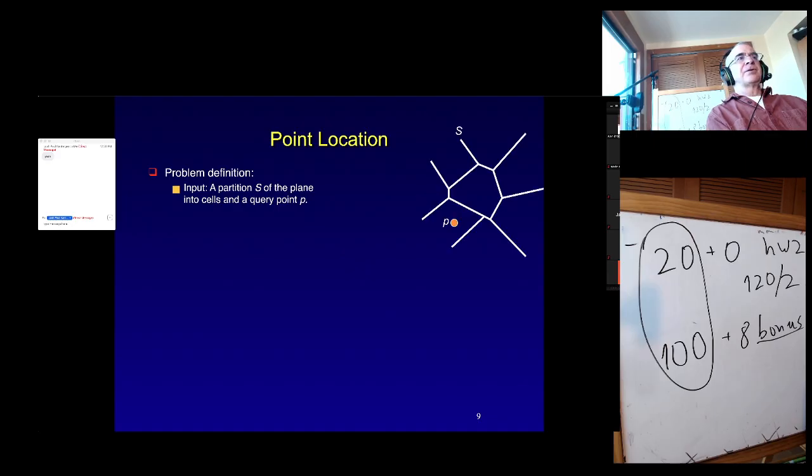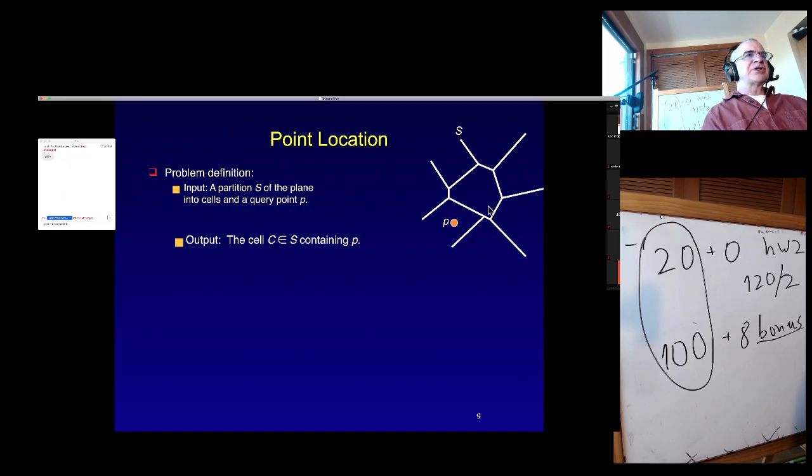Namely, here is a Voronoi diagram, and here is my point P. Now I'll use P for the query, not for the hospital. P just landed by parachute, and during the parachuting got injured. He needs to go to the hospital. In which cell does P lie, so that I can know what the nearest hospital is?